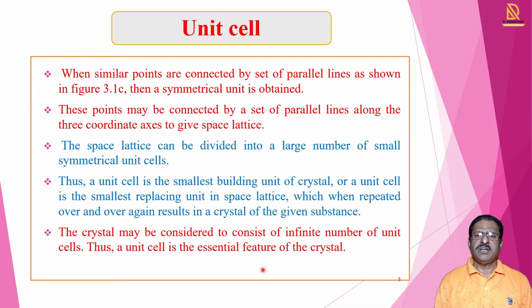So in a crystal lattice, the smallest part is the unit shell. A crystal may be considered to consist of an infinite number of unit shells, and such unit shells are essential features of crystals.